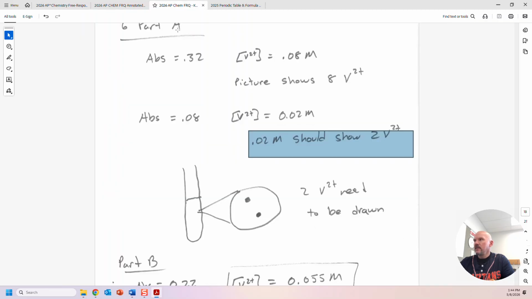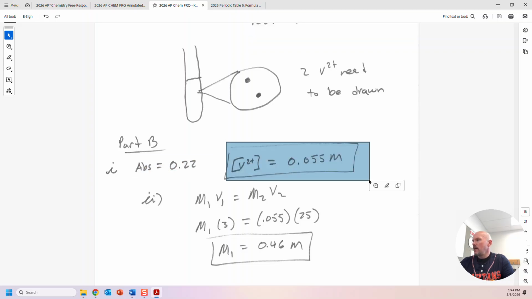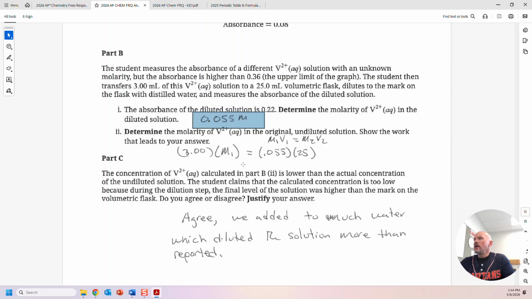Okay, so let's see if we got that one. Yep. So when the absorbance is 0.22, the molarity is 0.055 moles per liter according to our chart. So that's part one, okay? So understand what we did, right? That was the molarity of our diluted solution. M2 and V2 are our diluted solution, and M1 is the molarity of the solution before the dilution. Well, what did we do?